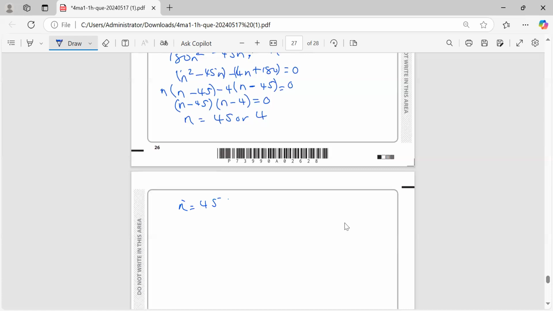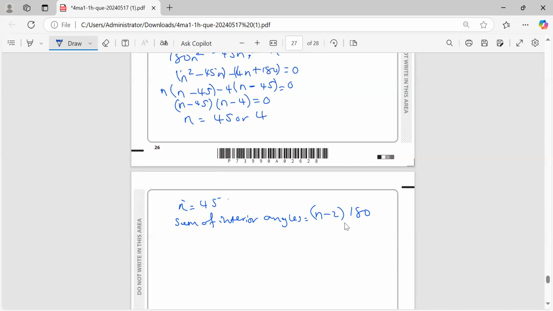Because they said the sum of interior angles, remember, the sum of interior angles is equal to n minus 2 times 180.